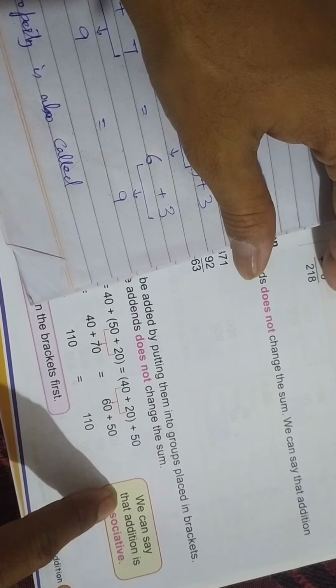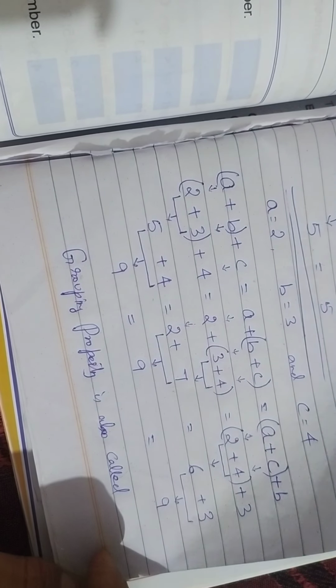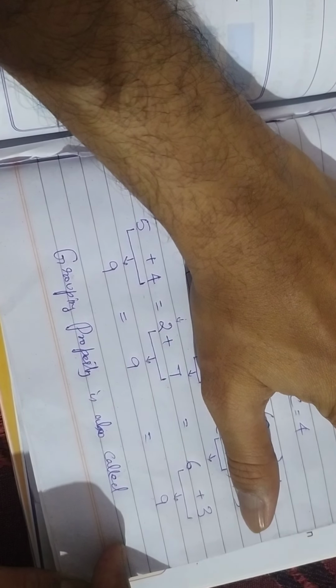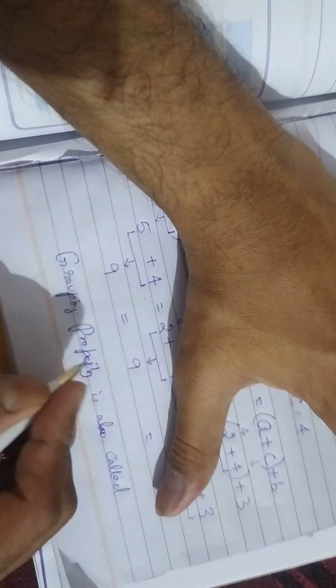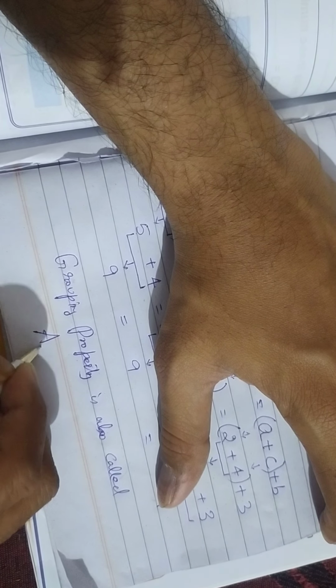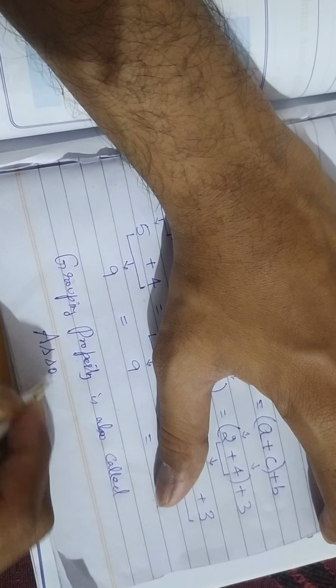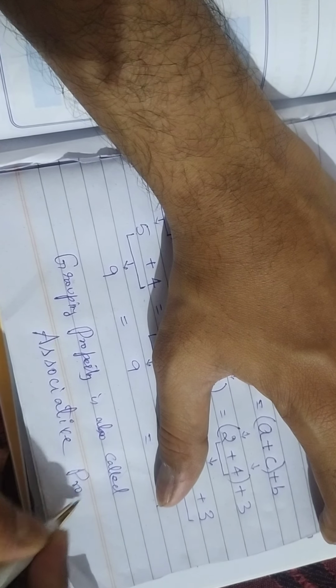We can say that addition is associative. Associative means more than two numbers you can group however you want. Something like 1 plus 2 plus 3 or 2 plus 3 plus 1 or 1 plus 3 plus 2. However it is possible, you can change it. So it is also called associative property. A-S-S-O-C-I-A-T-I-V-E. Associative property.